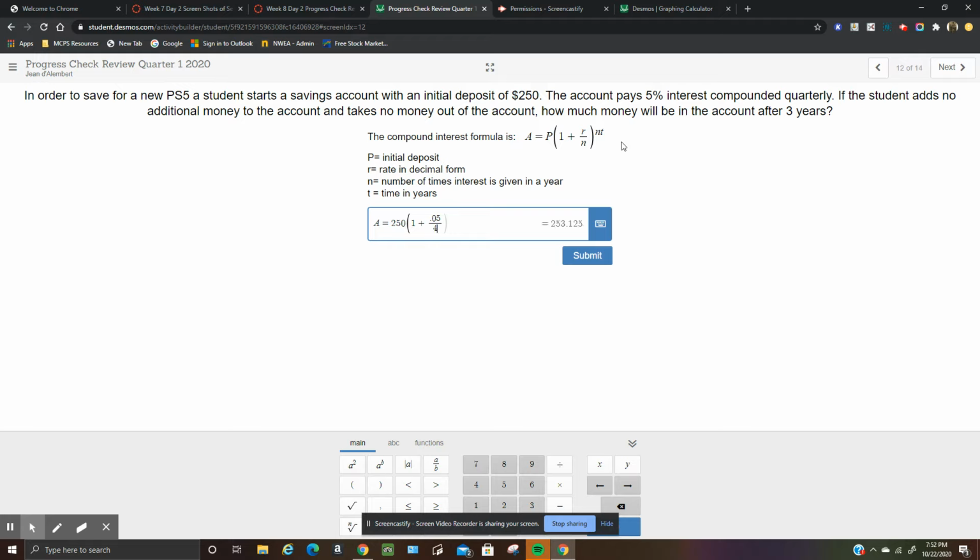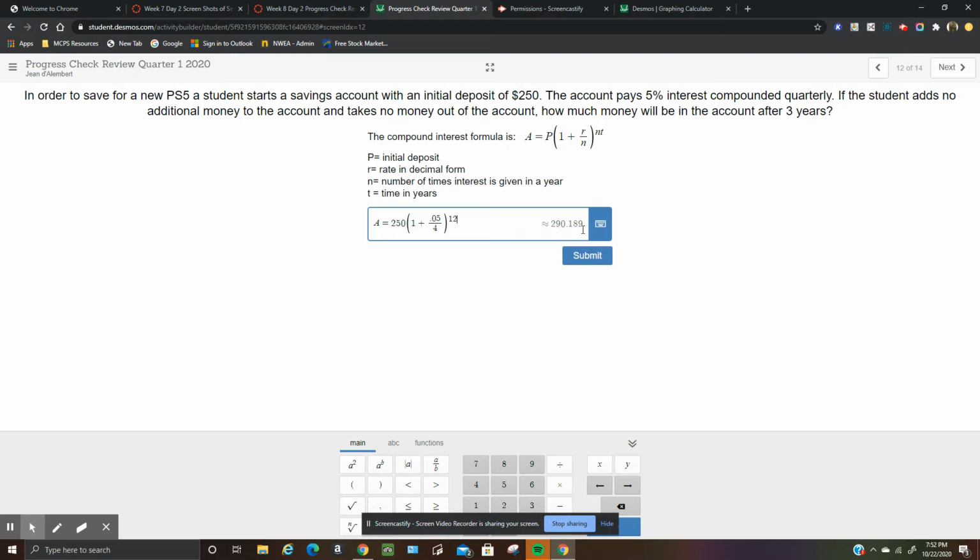If it's quarterly, you get it 4 times a year. And the exponent here, 4 times 3, which would be 12.